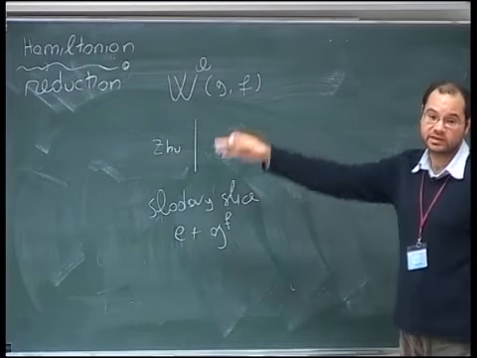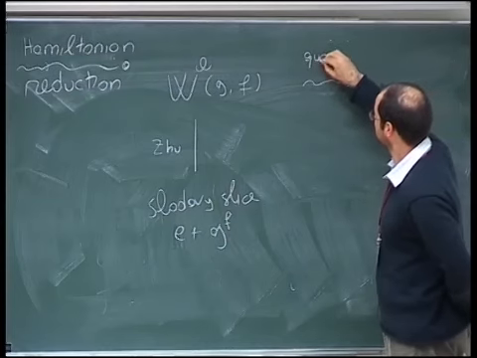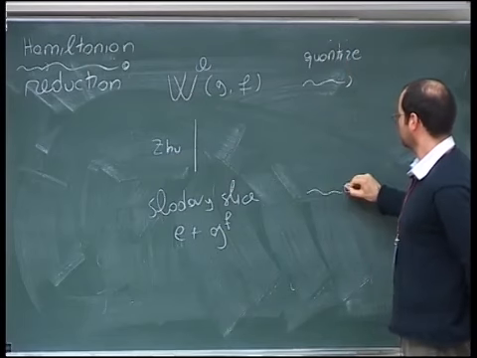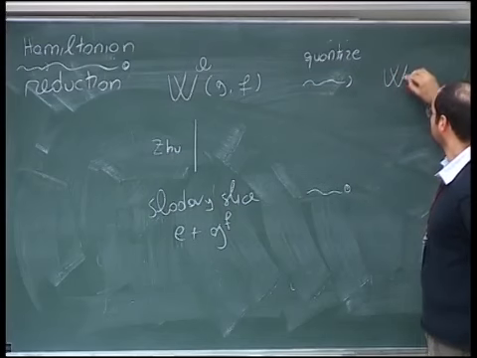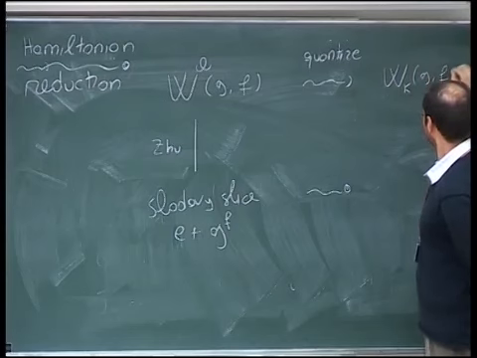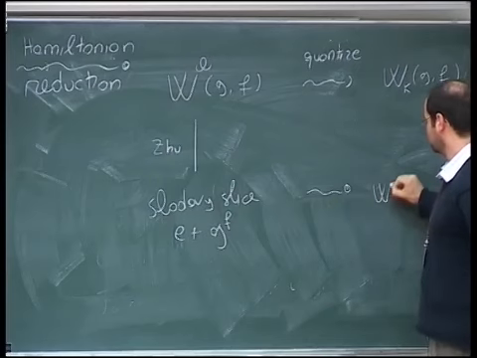And then one can quantize this picture. If you quantize the Poisson vertex algebra, you will get what is called the W-algebra. And if you quantize the Slodowy slice, you get what is called the finite W-algebra.